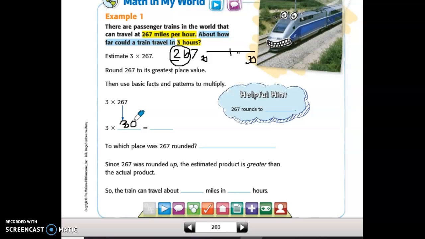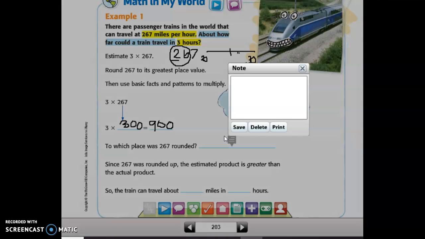Now remember those basic facts. Basic fact for this would be 3 times 3. 3 times 3 is 9. And now I'm going to move the decimal or add the zeros to get to the hundreds place. To which place was 267 rounded? 267 was rounded to the hundreds place.